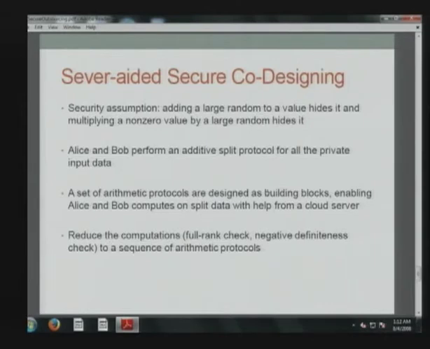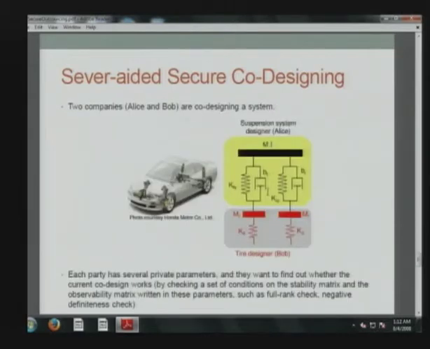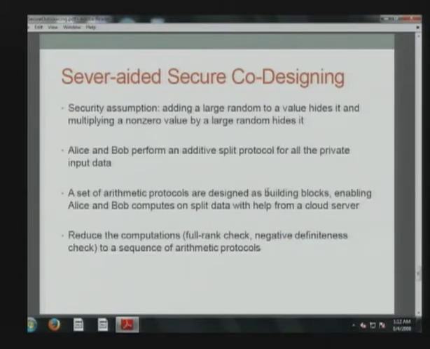At the beginning of the protocol, Alice and Bob first perform an additive split protocol for all the private inputs, because the stability matrix is based on the parameters, and the parameters are held by two parties. So first of all, they additively share all the parameters by performing an additive split protocol.